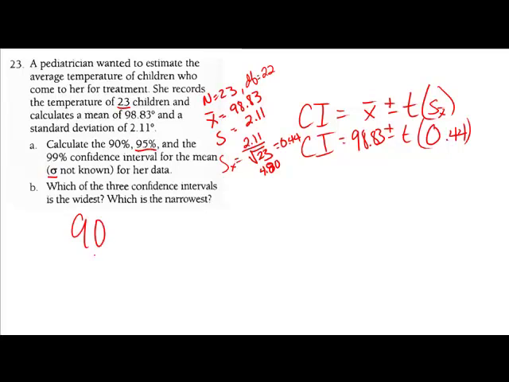The 90% confidence interval for 22 degrees of freedom, the value of t is 1.717. For 95%, it is 2.074. And for 99% confidence, it is 2.819.